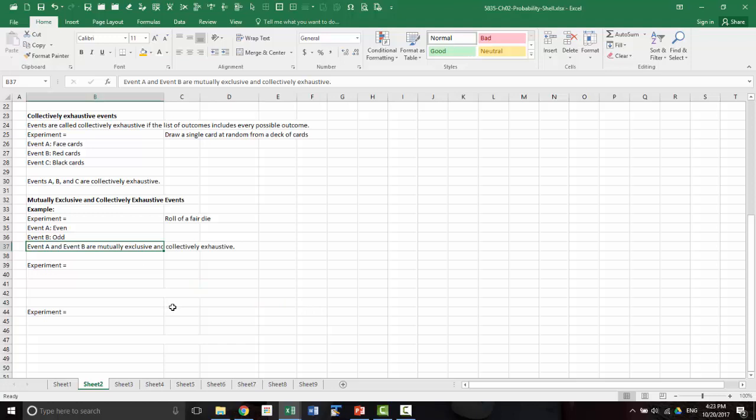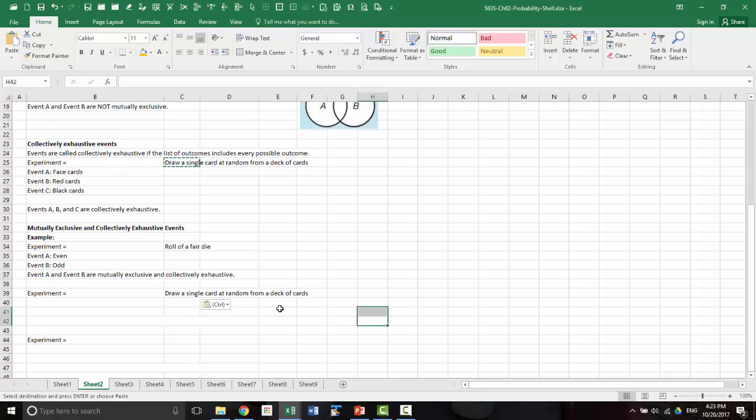We'll do another example. Draw a single card at random from a deck of cards. Event A is a face card. Event B is a number card.